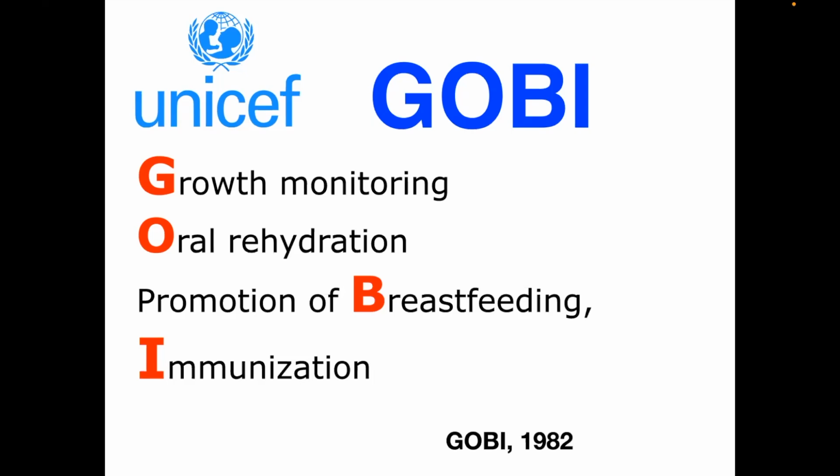Always remember, children under 5 are considered a vulnerable population. They are most prone to disease, and morbidity increases as a result of dehydration, malnutrition, and lack of vaccinations. So UNICEF established the GOBI: growth monitoring, oral rehydration, promotion of breastfeeding, and immunization.